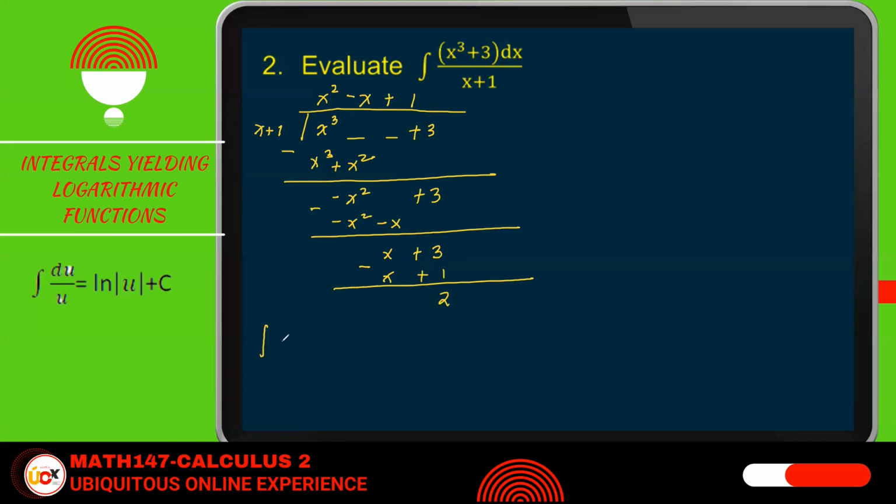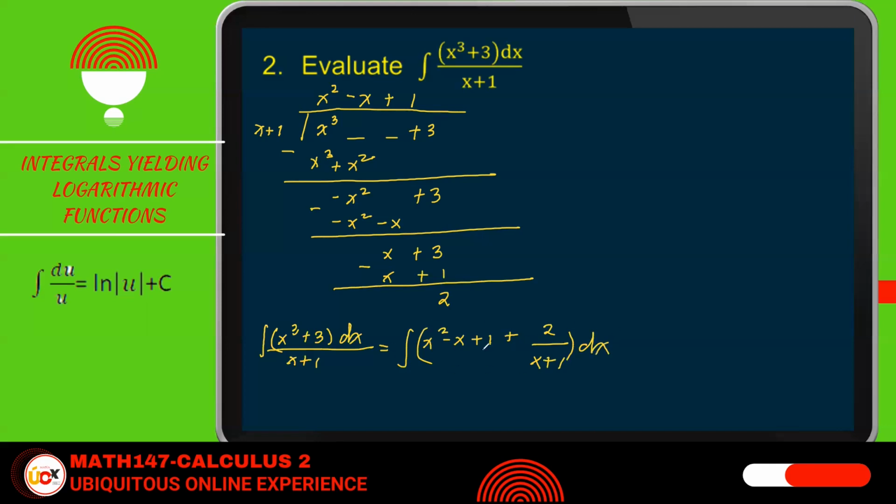Therefore, the integral of x cubed plus 3 times dx over x plus 1 can now be written as the integral of x squared minus x plus 1, which is our quotient, plus the remainder 2 over the denominator, which is x plus 1.